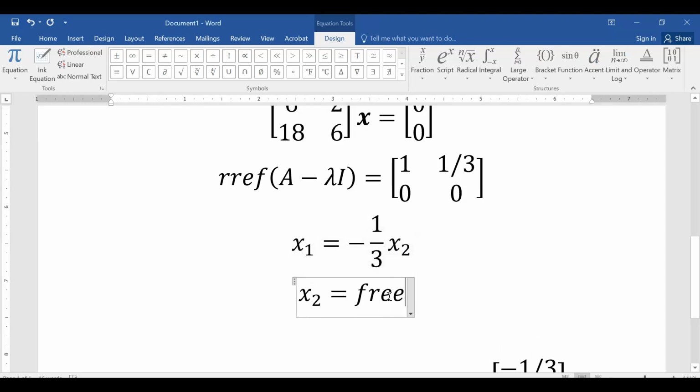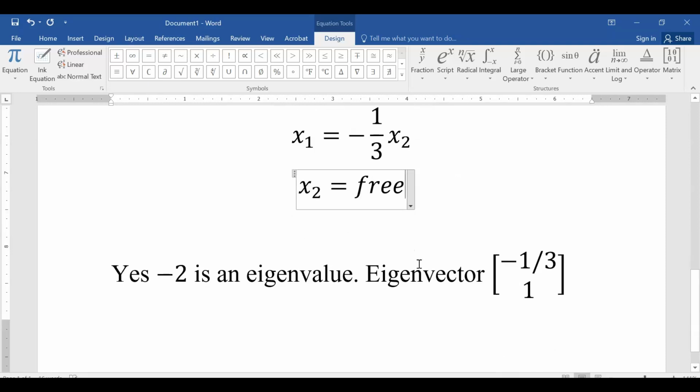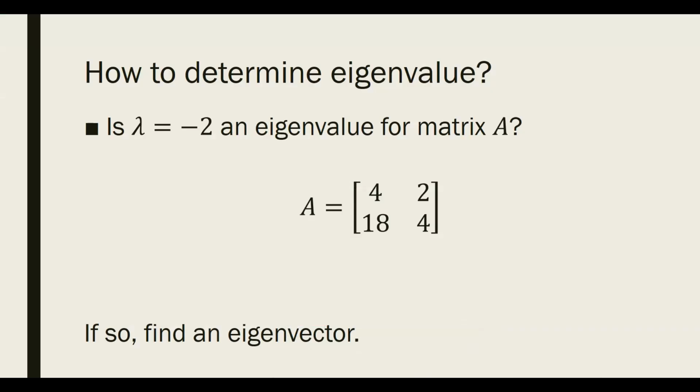So let x2 be anything you want, and then x1 has to be negative 1/3 of that. I let x2 be 1, so x1 has to be negative 1/3. That was a little bit longer than it needed to be, but there you go. All right, so -2 is an eigenvalue, and we found an eigenvector for that.